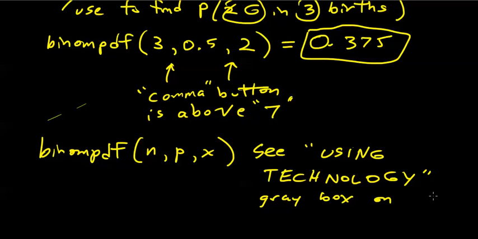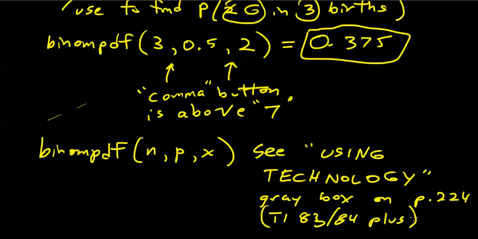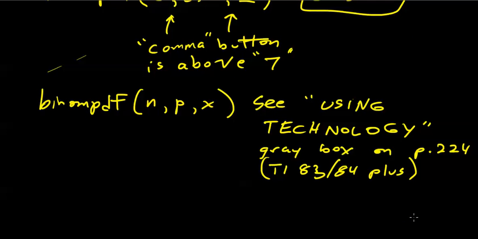And of course, we're going to restrict ourselves to the TI 83 or 84 plus entry in that using technology box. Again, this is for further info on this command. Please refer to that using technology gray box on page 224.